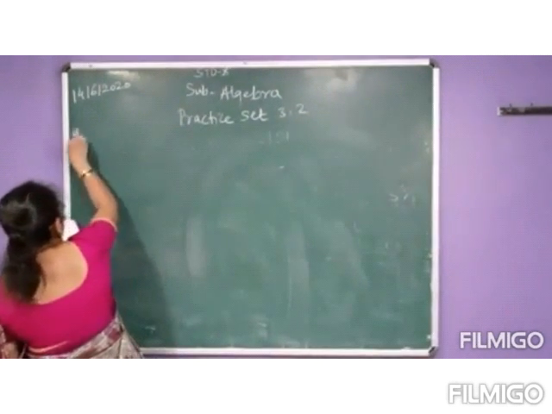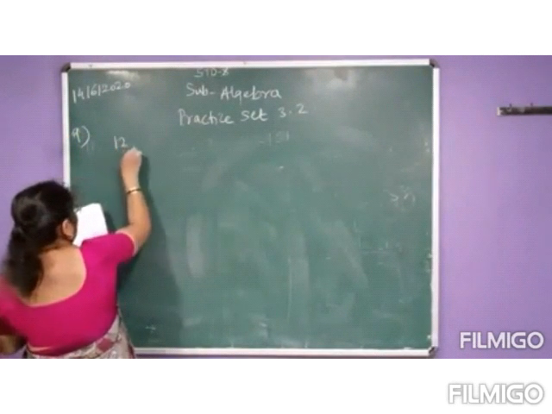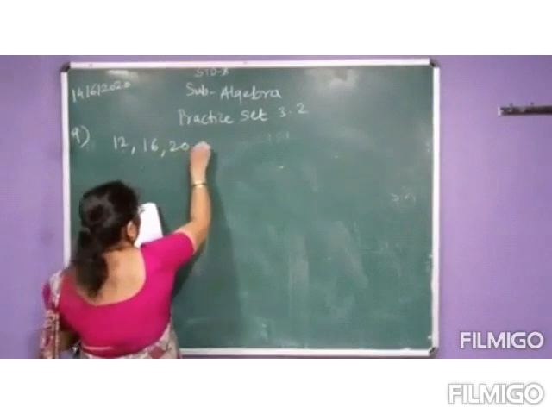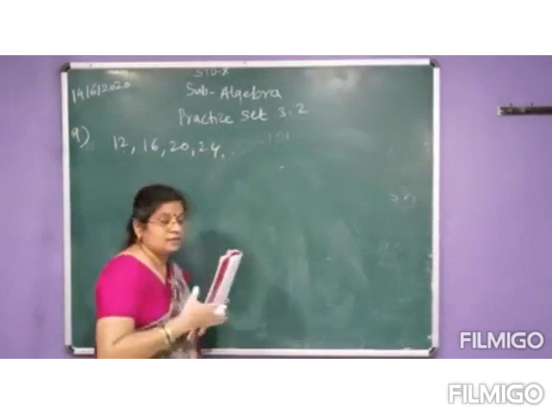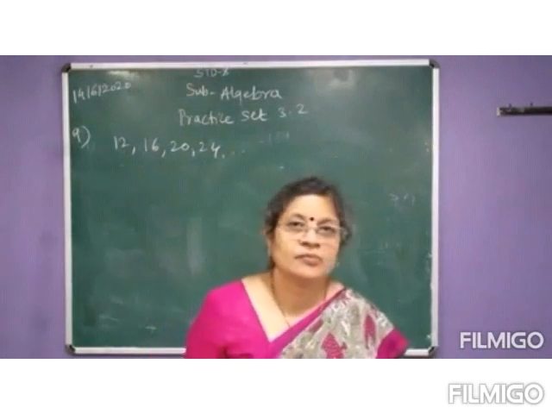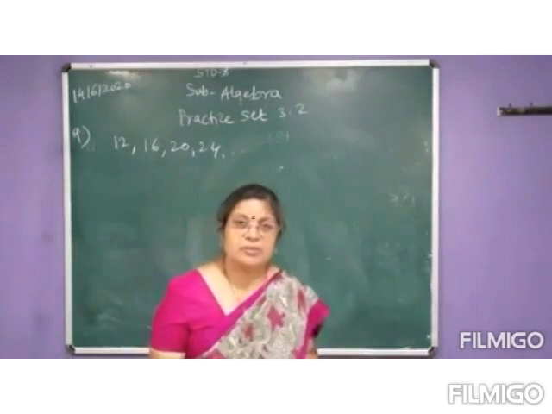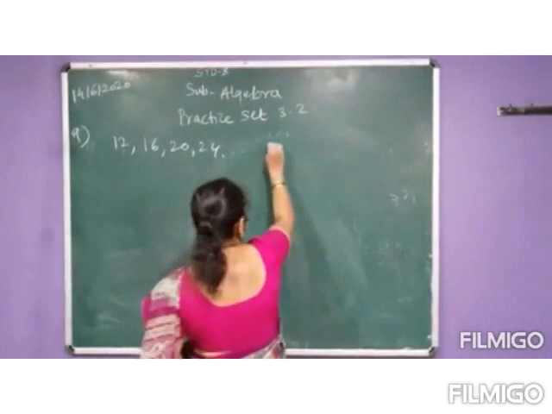The first number which is divisible after 10 is what? 12, 16, 20, 24, and then 250. Whether 250 is divisible by 4? No. So the last number which is divisible by 4 is 248.